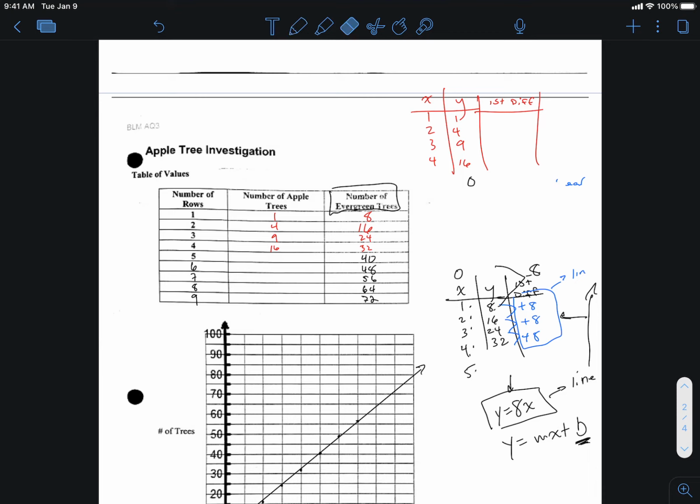What we're going to try and do is figure out how this pattern in the red, or the number of apple trees, is changing.